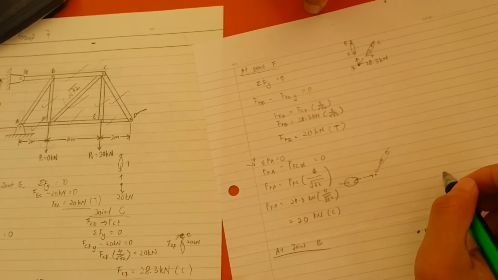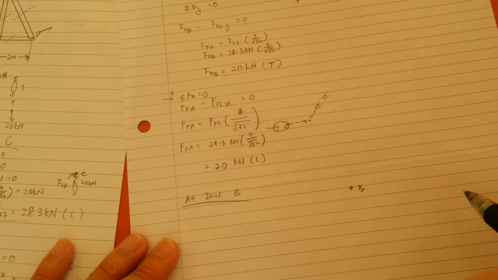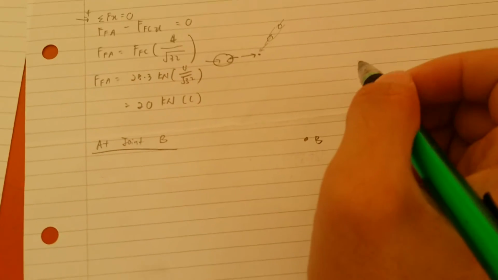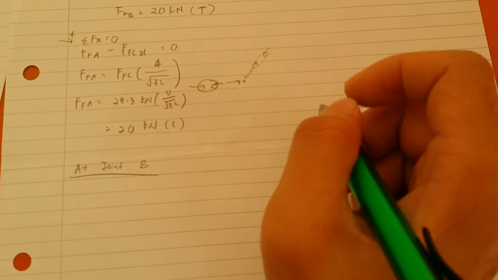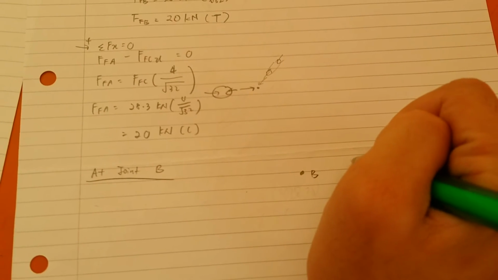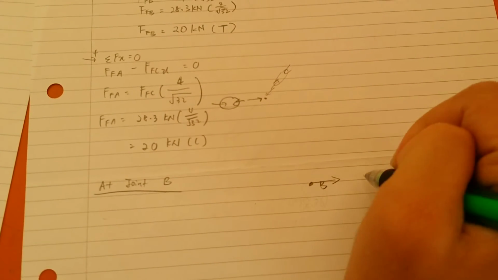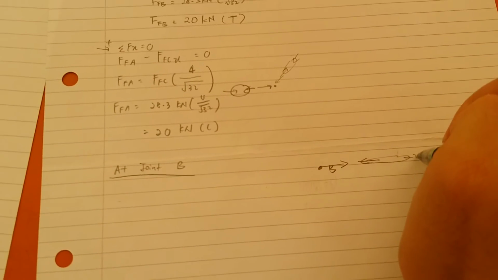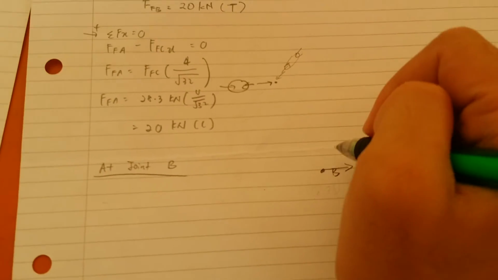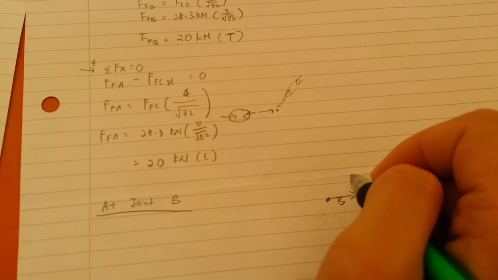Firstly, we got FBC. FBC is a tension force, so it should be pointing like this. And then we have FGB as well.